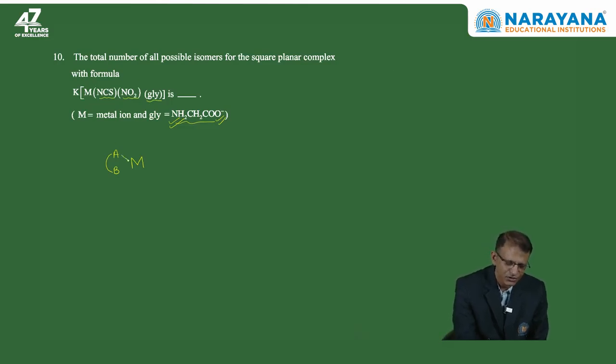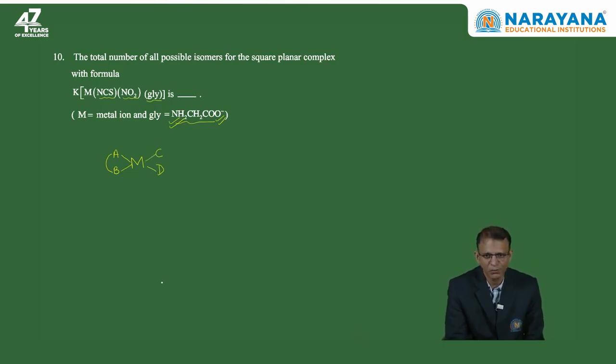This is the bidentate ligand, and these are two monodentate ligands, right? Since the ligands are different, I can write that this is the C ligand and this will be the D ligand, and they are monodentate ligands. So this is the square planar geometry of this complex.